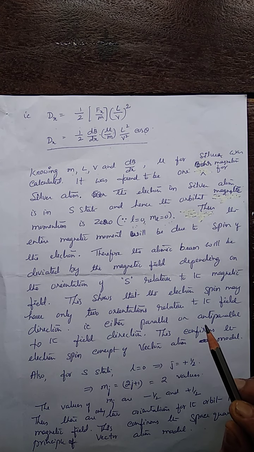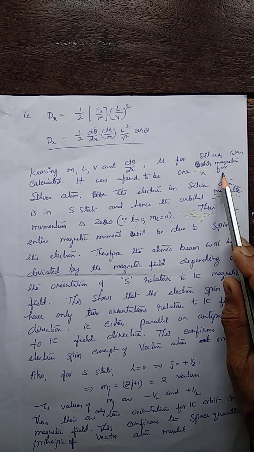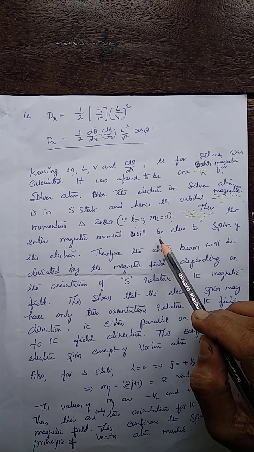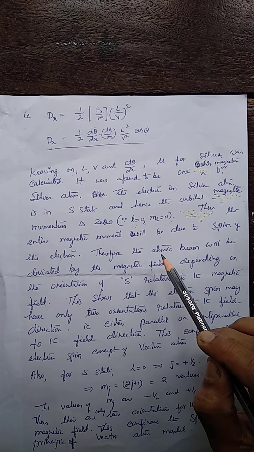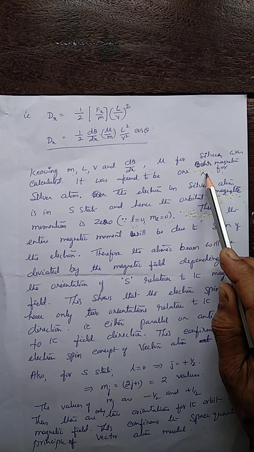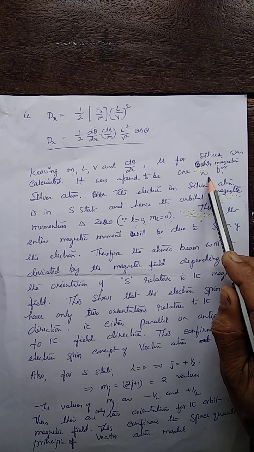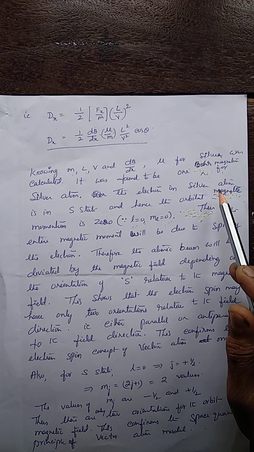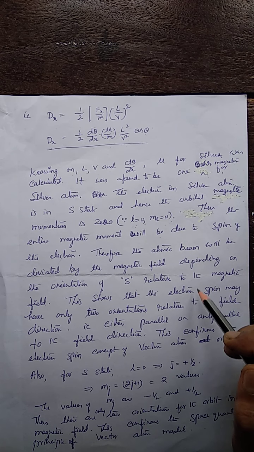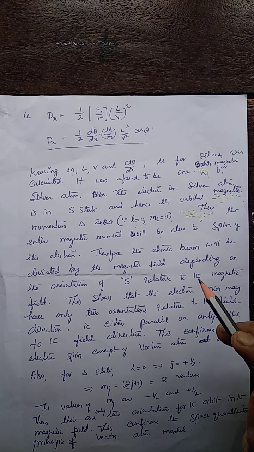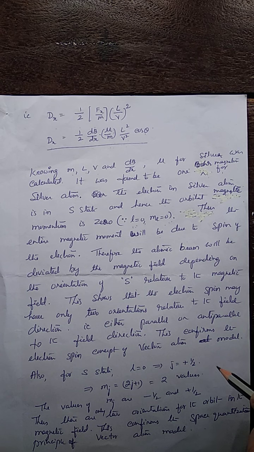The magnetic moment was found to be 1 Bohr magneton, but orbital angular momentum 0 means no contribution of the orbital angular momentum to this magnetic moment. Therefore, the magnetic moment found from the experiment was mainly due to the spin of the electron. It was contributed only by spin, thereby proving the electron spin concept of vector atom model.